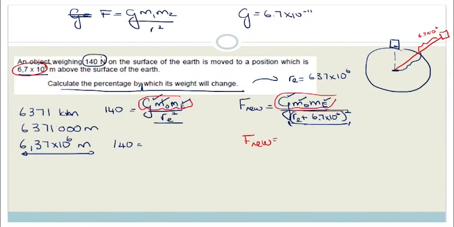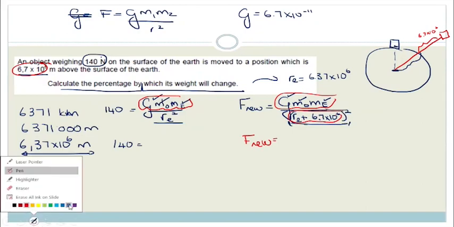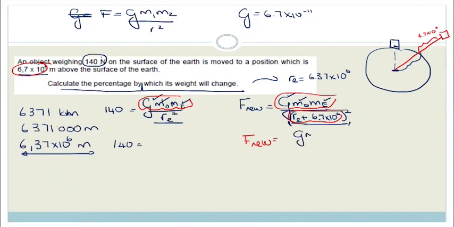But now, instead of it being RE plus 6.7 times 10 to the 6, we could actually write that as 2RE, approximately. So we've still got G, MO, ME, but now this is 2RE, and it's all squared. Please remember it's all squared.